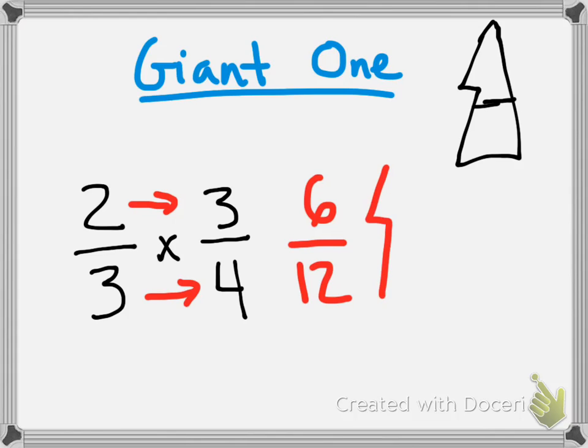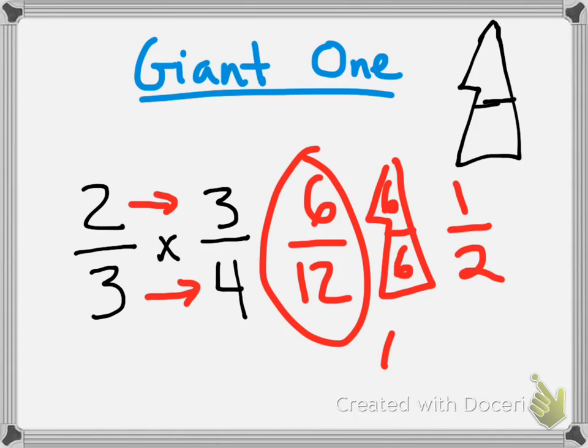So that's when we bust out the giant 1 here and say, what number goes into both 6 and 12? If we can find the biggest number that goes into both. Well, most people could see 6. 6 goes into 6 one time. 6 goes into 12 two times. So there we go. We got an answer. We had to use the giant 1 to reduce it to our new answer.